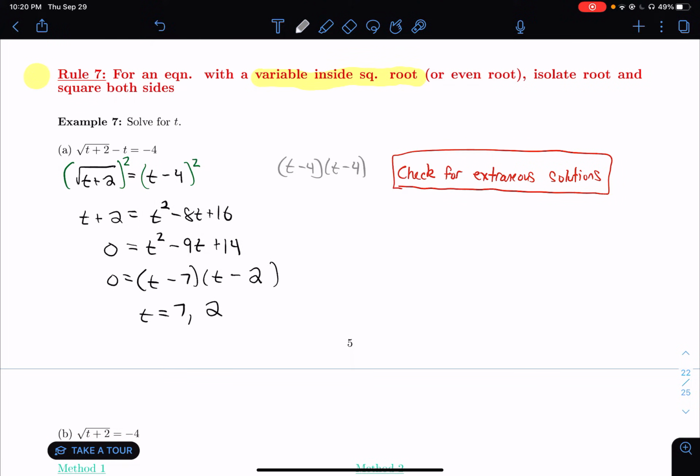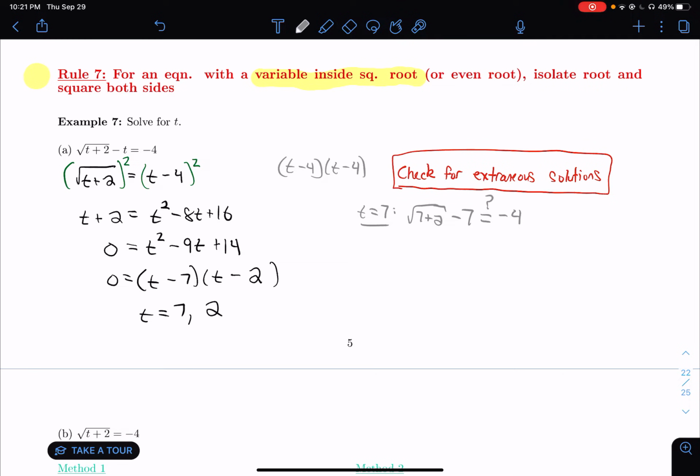All right, so let's check t equals 7. Let's plug that back into the original equation. I get the square root of 7 plus 2, minus 7, equals question mark. Is it going to equal -4? I put a question mark there because I don't know if they equal each other yet.